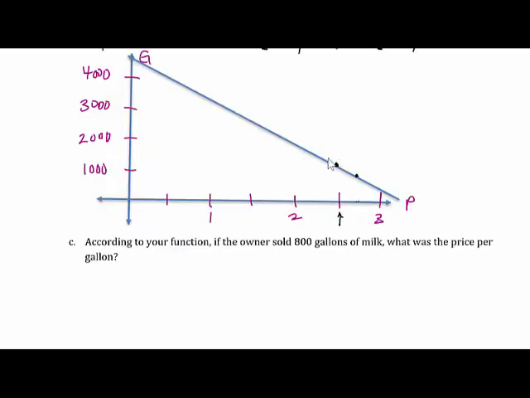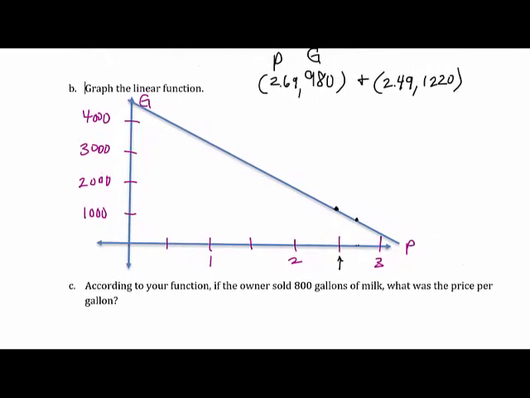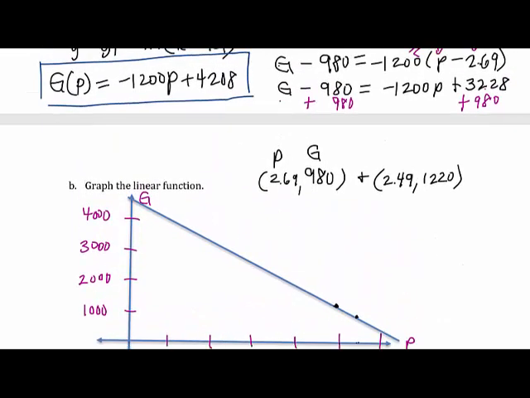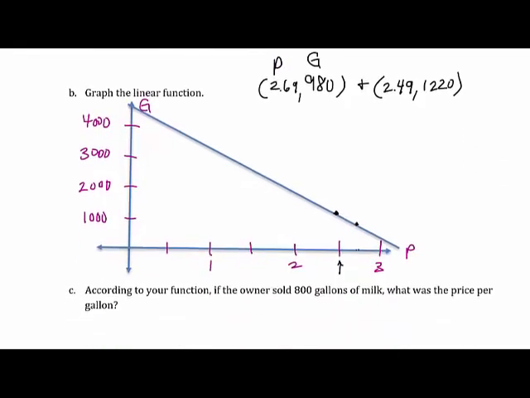If it was difficult to plot those points, one other thing that you could easily do is go back to your x and y intercepts, or your p and g intercepts in this case. The g-intercept can be found by looking back at the function formula that we wrote, where the y-intercept was b, or 4,208.